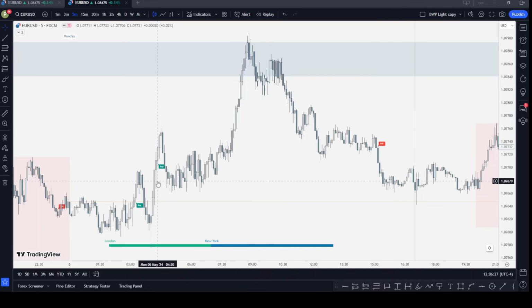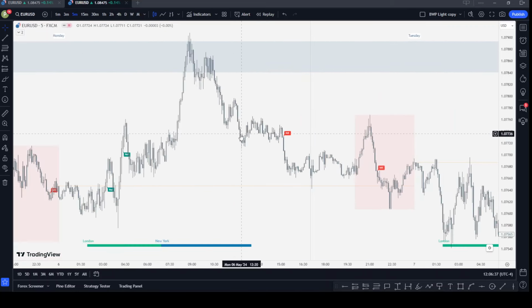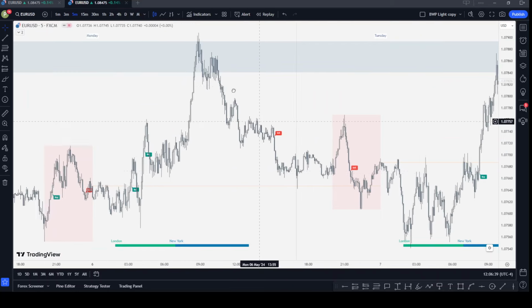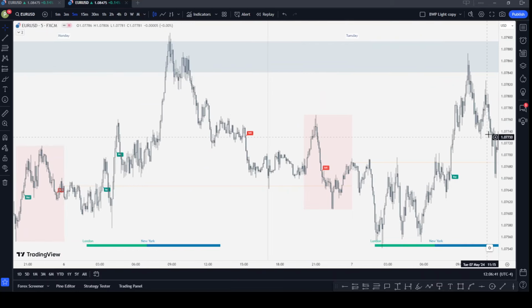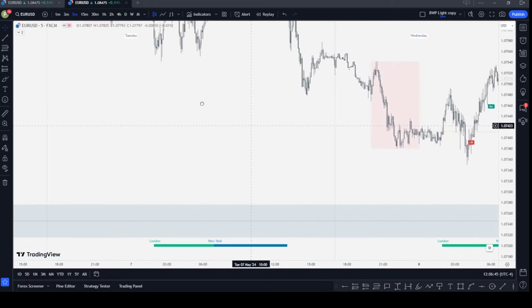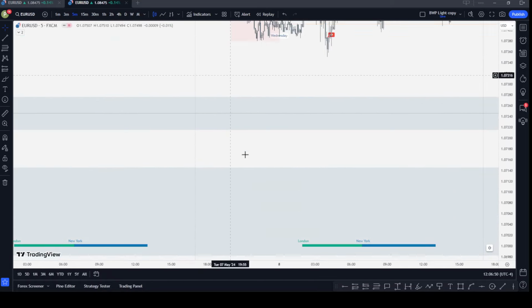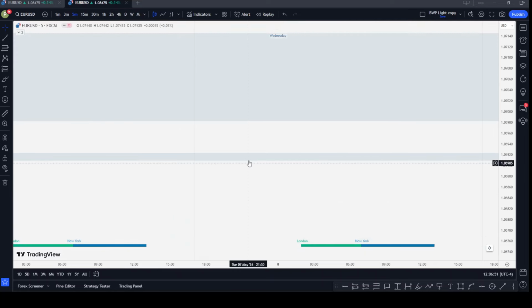If you have other entry techniques, and your setup presents itself after price has tapped into this, you can maybe take a short and then target the new week opening gap that we are anticipating price should drop into. This is the first one, this is the second one, and this is the third one.